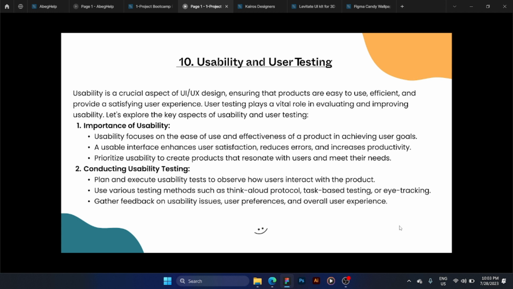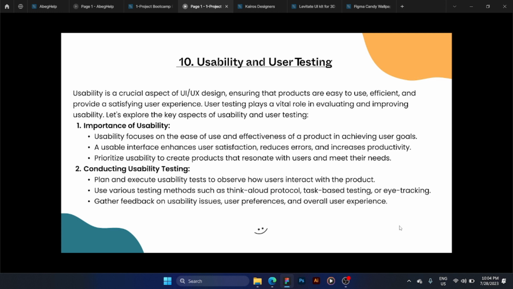Usability is a crucial aspect of UI UX design, ensuring that products are easy to use, efficient, and provide a satisfying user experience. So user testing plays a vital role in evaluating and improving usability. You must, because it really helps the organization, you know, and the likes of that.